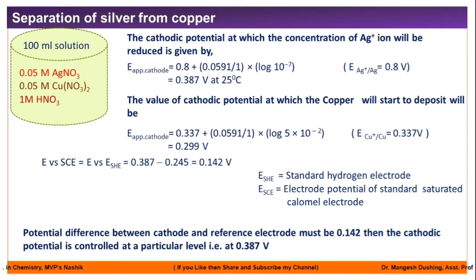So the potential difference between the cathode and reference electrode must be 0.142. Then the cathodic potential is controlled at a particular level, that is 0.387 volt.